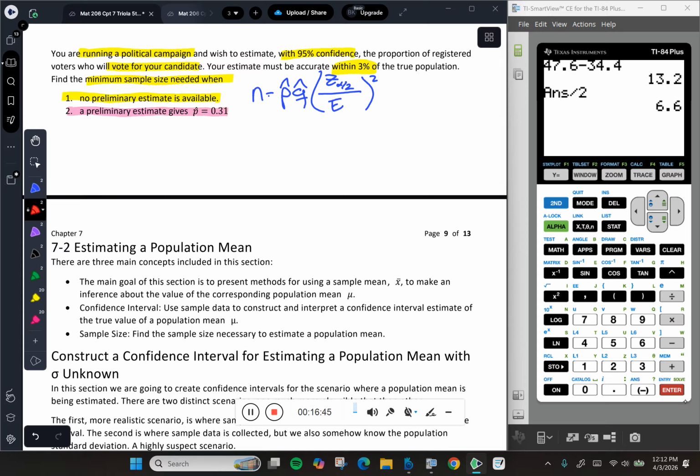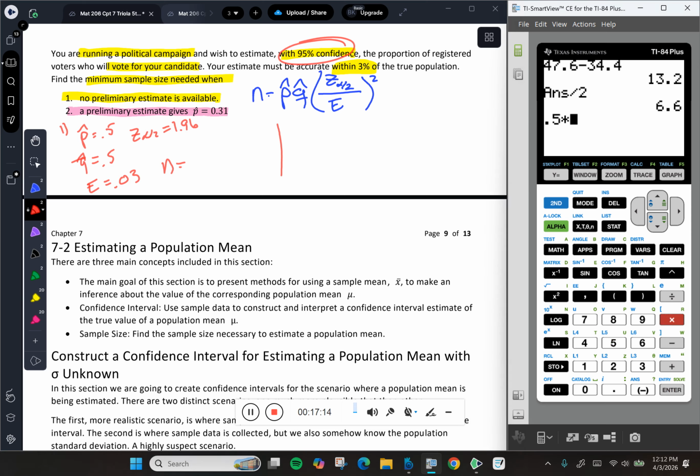So in part 1, we're going to set p hat at 0.5, q hat at 0.5, and our E is going to be 0.03. Our z sub alpha over 2 is going to be 1.96 because of a 95%. And then n is whatever it works out to be.